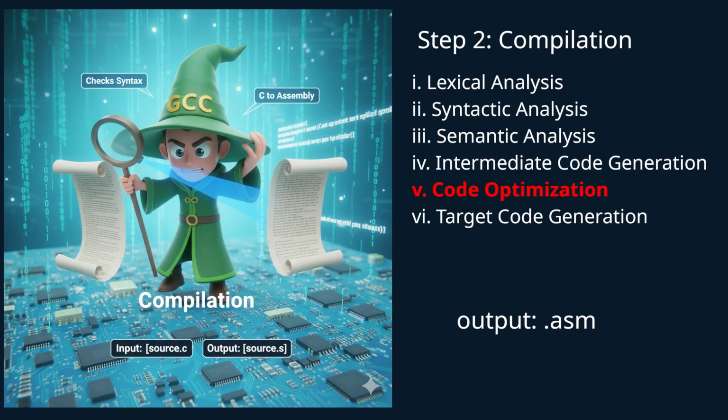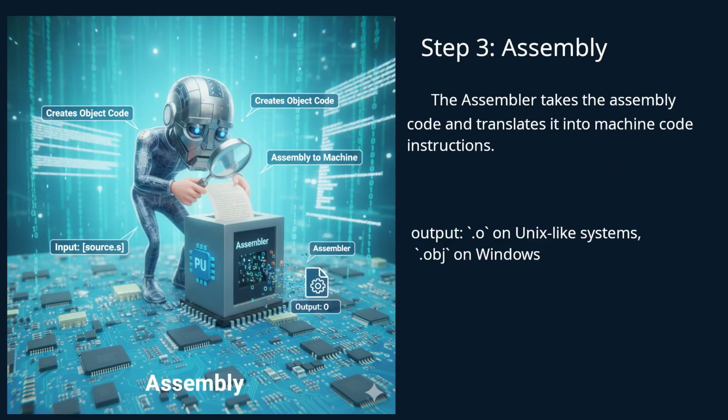Example, reducing instruction count, improving memory access. Target code generation. The optimized code is converted into the assembly language specific to the target machine. The output is an assembly file. Example, .s or .asm.